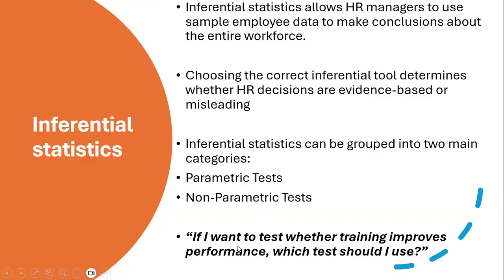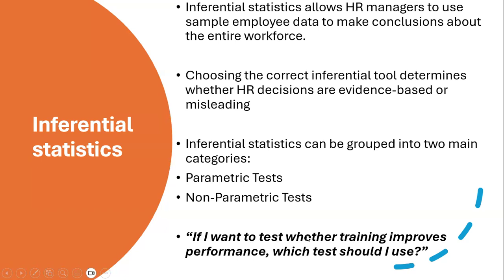Now, this is not a simple question to answer, because depending on the nitty-gritties of the various variables, which are training and performance, the analytical technique may take a different direction altogether.